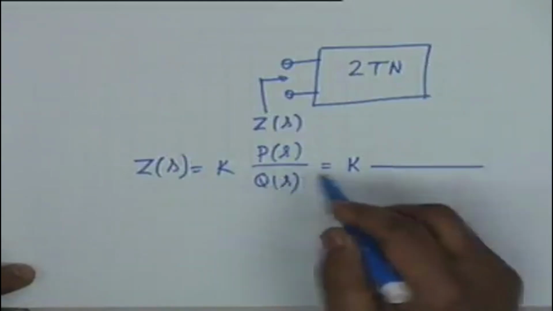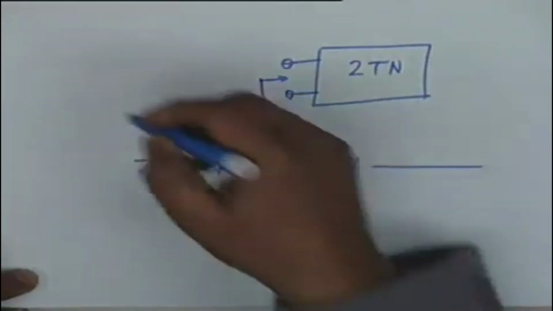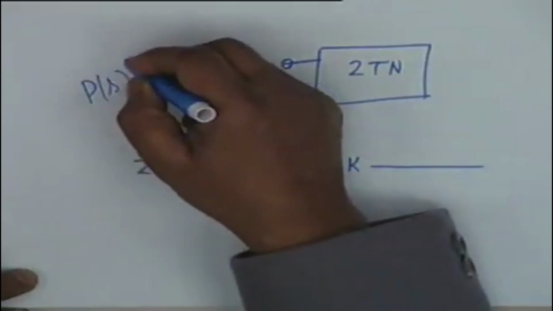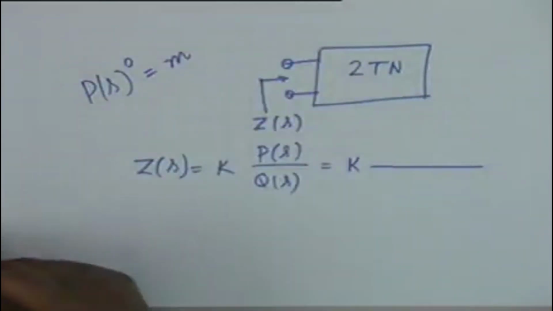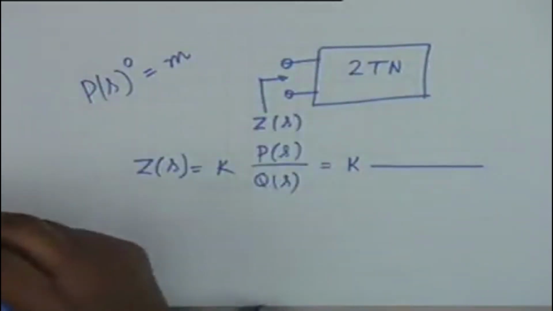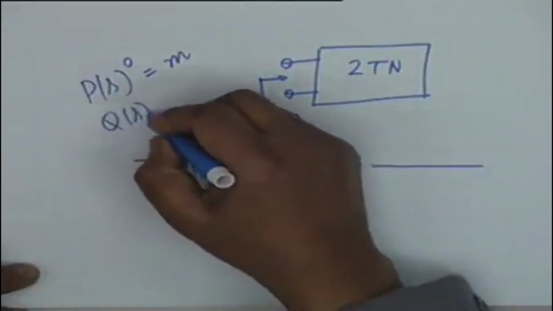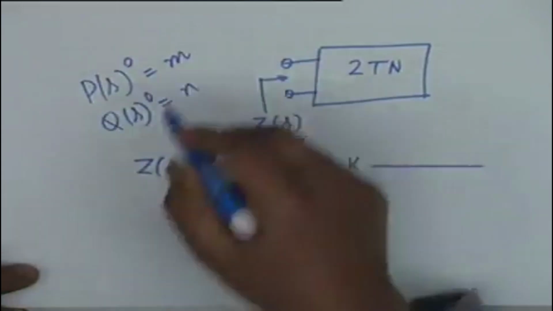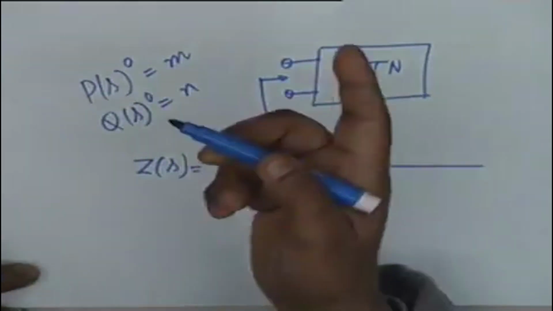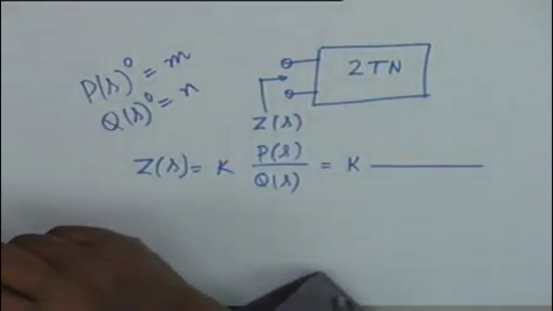Then suppose the degree of P is equal to M. This is how we write the degree of a polynomial. Suppose the degree of Q is equal to N, then M and N need not necessarily be the same, they can be different.